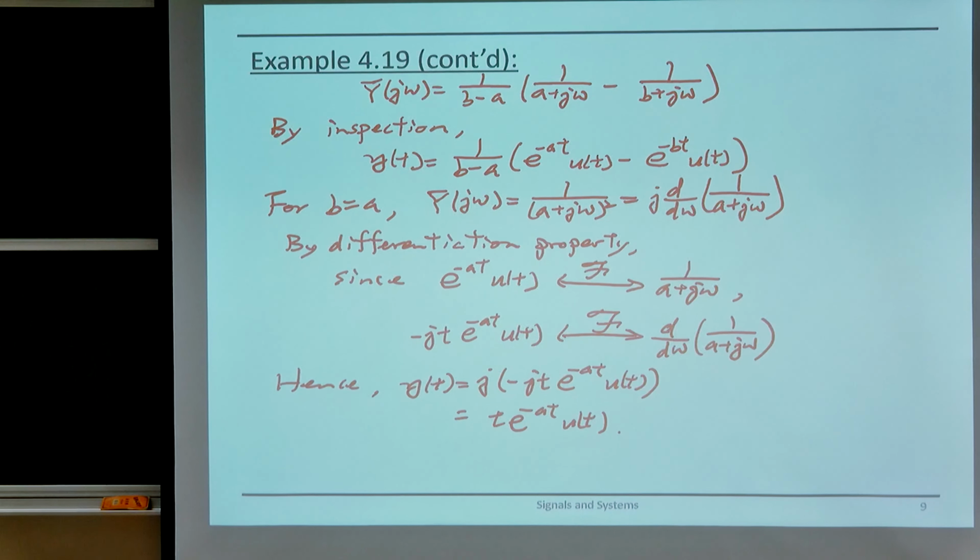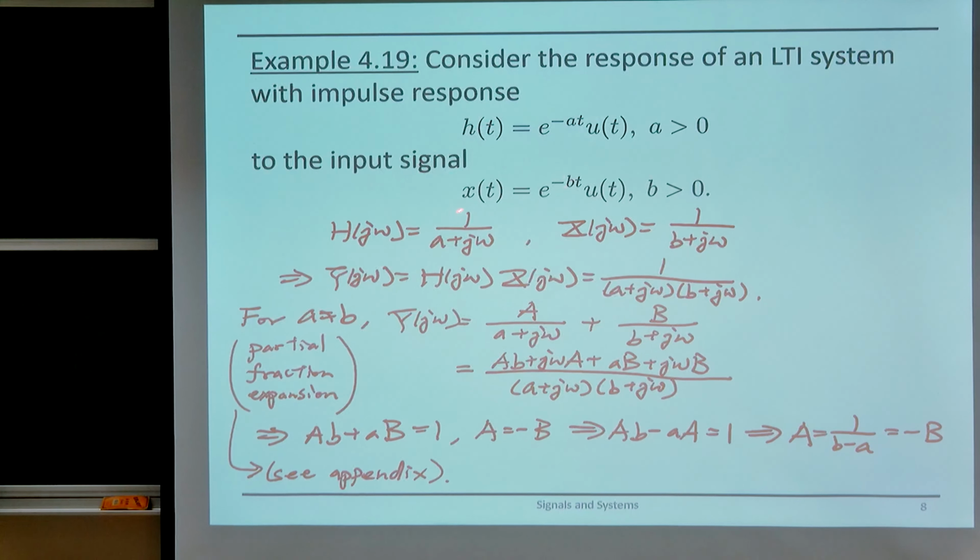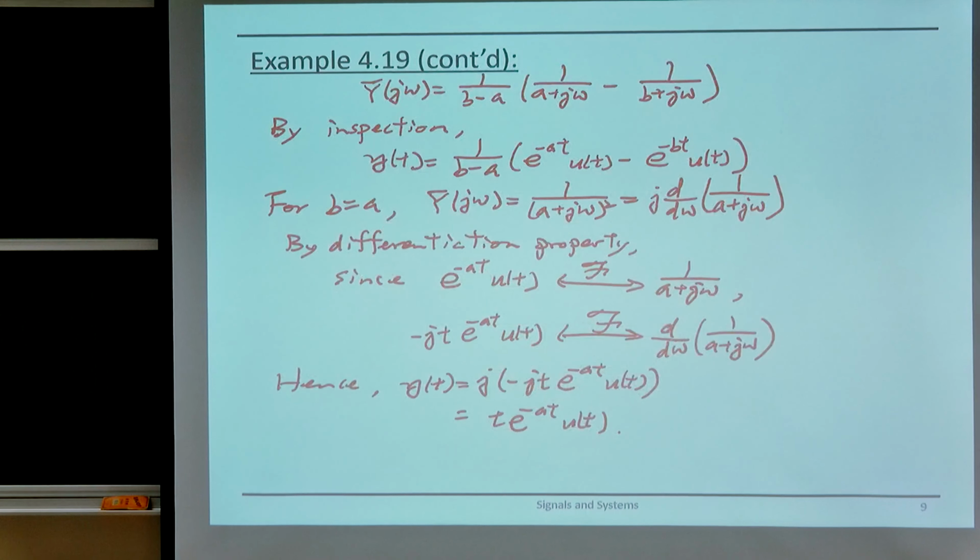So this alternative way is to first convert both of these into the frequency domain, multiply them together and take the inverse Fourier transform. So this is one example. If you're not convinced that this is easier, we can look at another example.